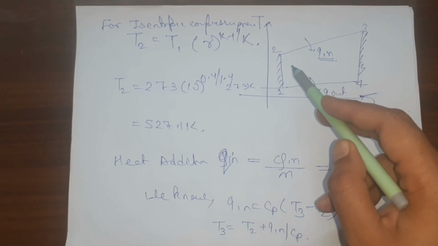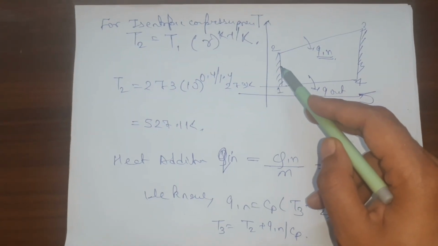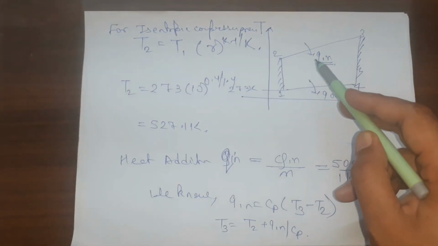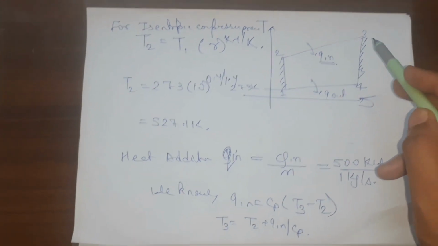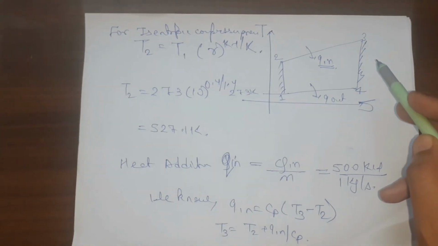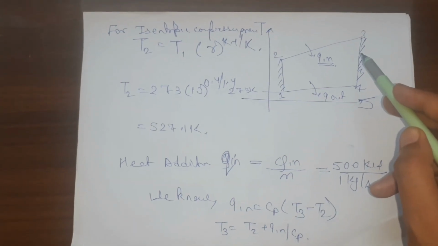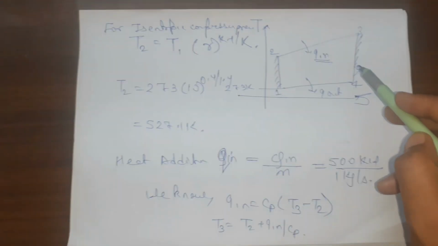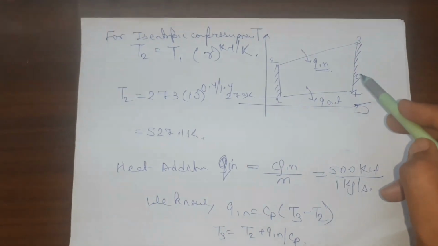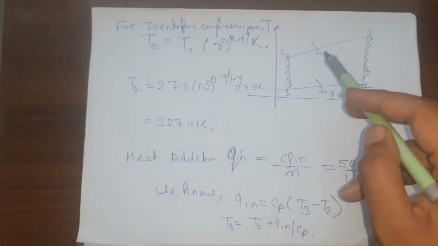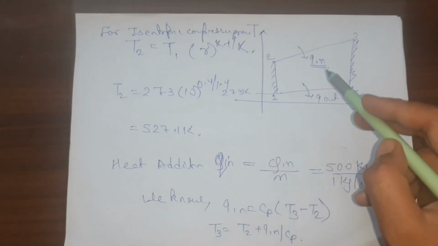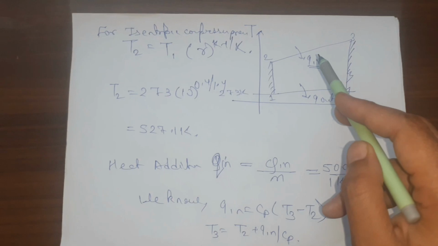This indicates adiabatic insulation in the process from 1 to 2, and 3 to 4 also has adiabatic insulation, so no heat is going in or coming out of the system. Heat is only coming in and going out during 2 to 3 and 4 to 1. This is the T versus S diagram which is given.